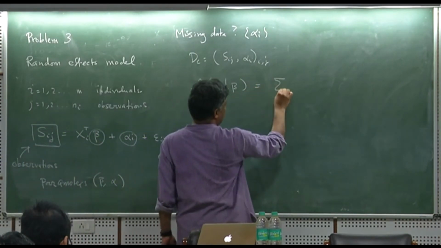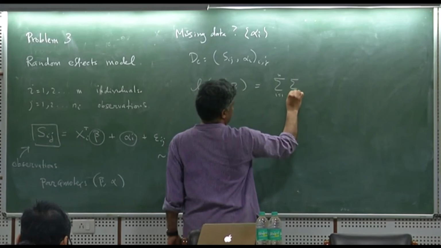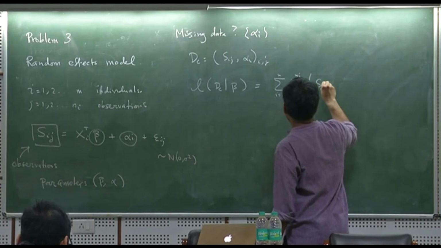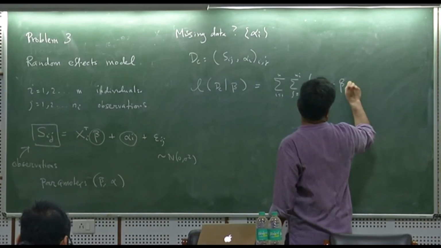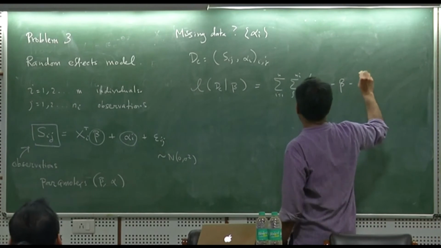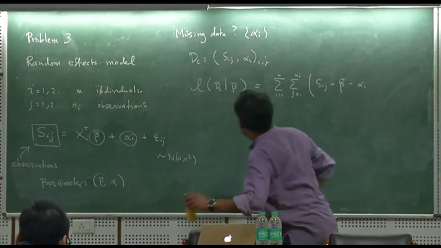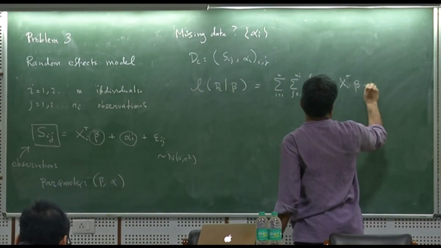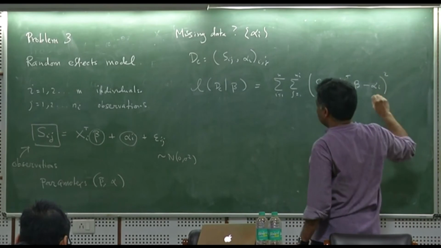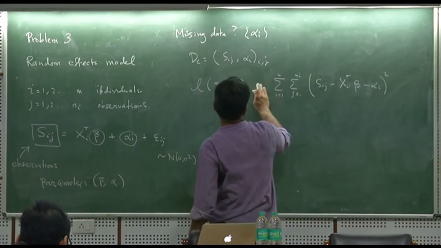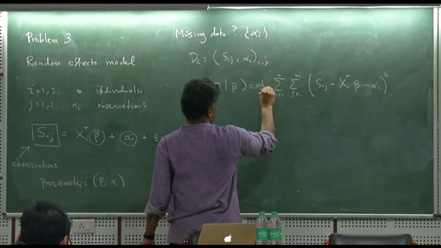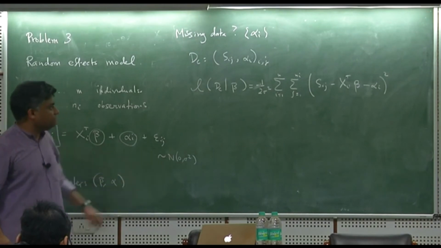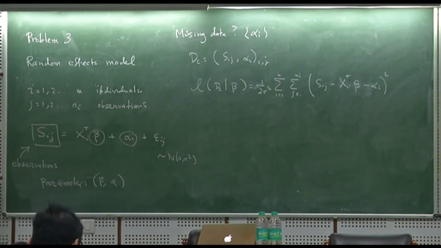It's the summation over all I, summation over all j, going to ni of Sij minus alpha I minus xi transpose beta, squared with a minus 1 over 2 sigma squared. Right? This is basically because this is normally distributed. If you take the log of the distribution, you'll end up getting that.